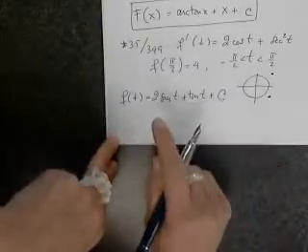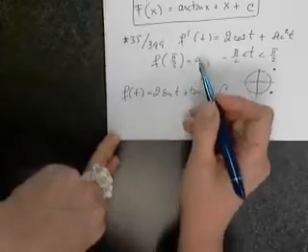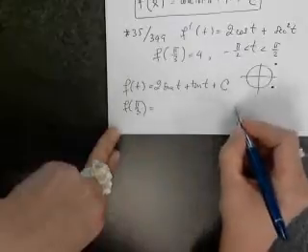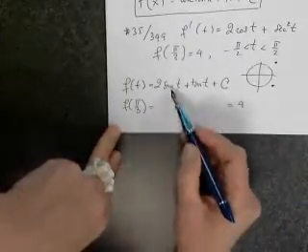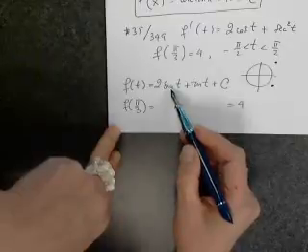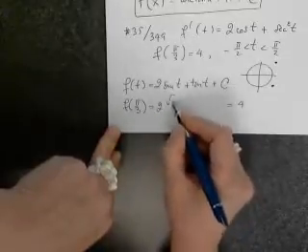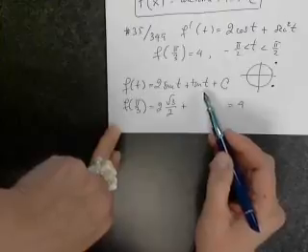However, I am told that f of pi over 3 is 4. So I have to plug in pi over 3. How much is sine pi over 3? It's not 1/2. It's the square root of 3 over 2, so 2 times that, plus tangent pi over 3.